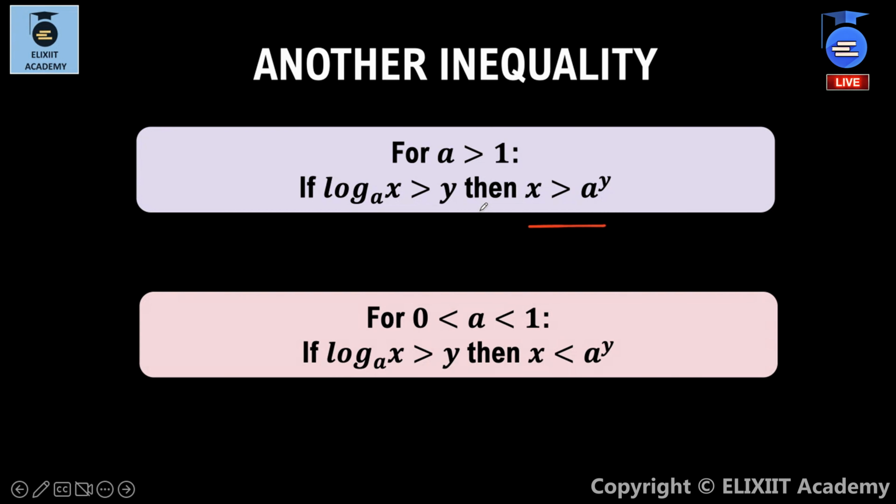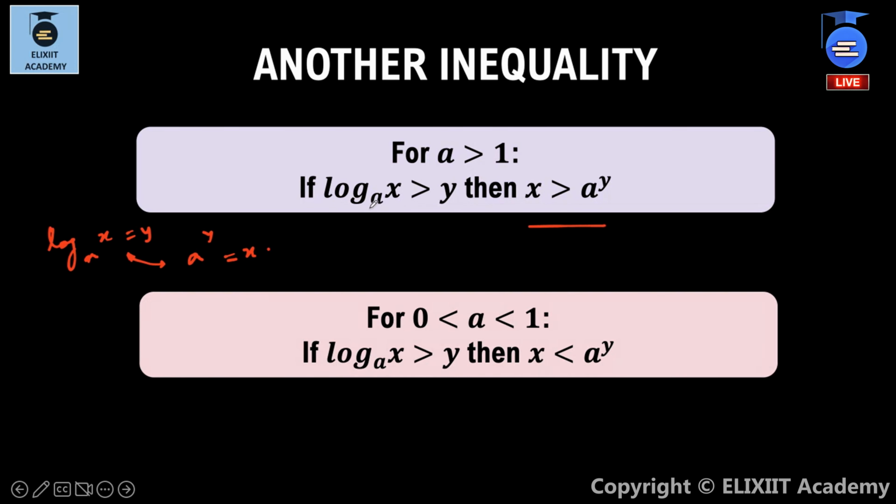This is obvious in case of equality. If log x base a is equal to y is given, then what is the meaning of this? A to the power y is equal to x, isn't it? This is log, so this is anti-log. In the anti-log format, we have this thing.